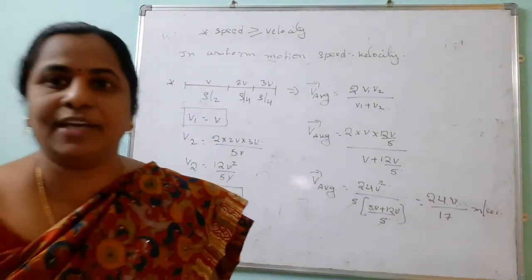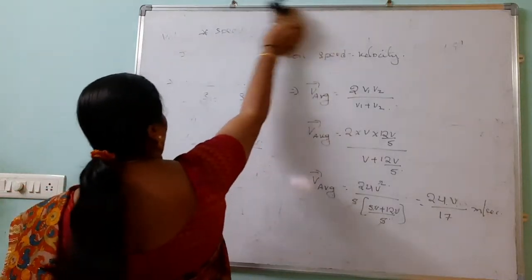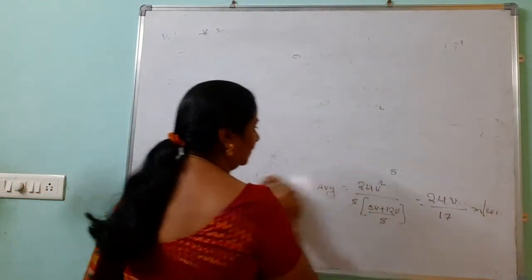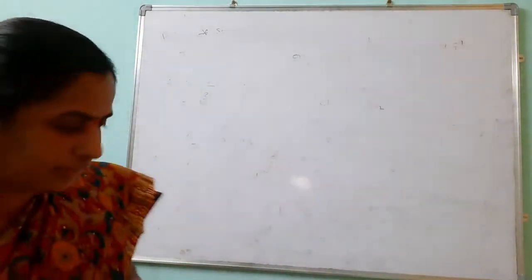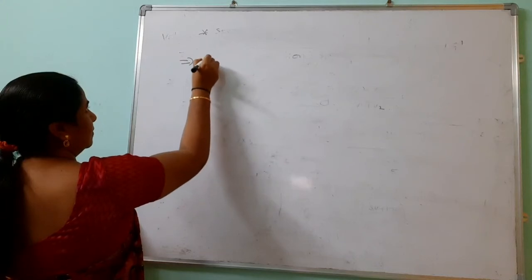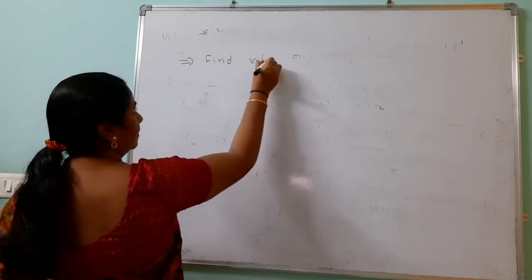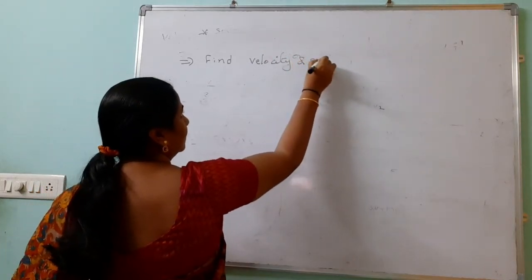One more example we are going to discuss. Suppose you start at home and reach the college, then you come back home. In this case, find velocity and speed.